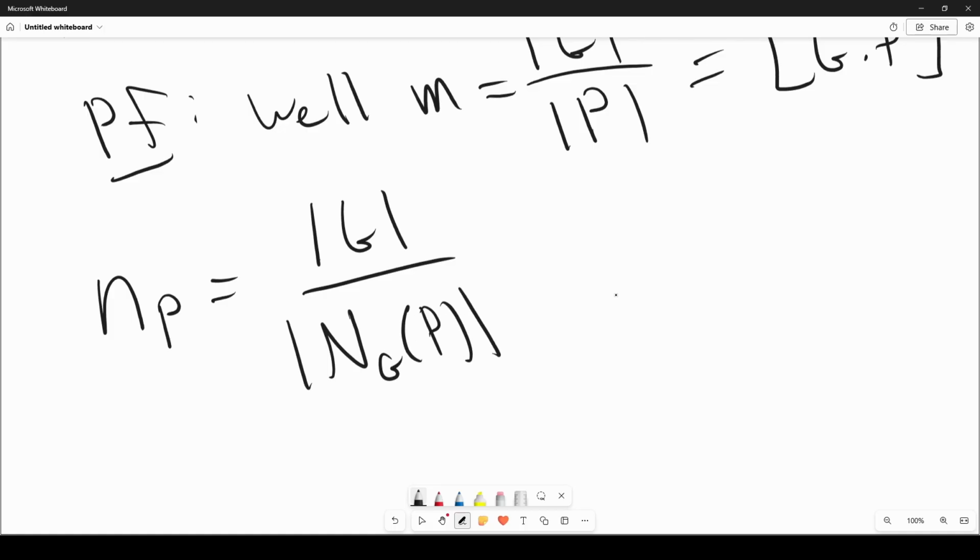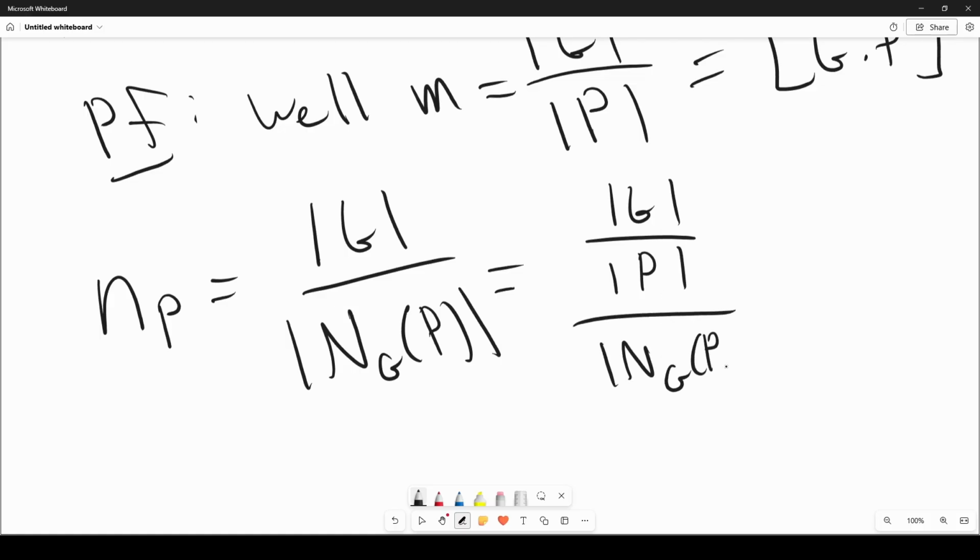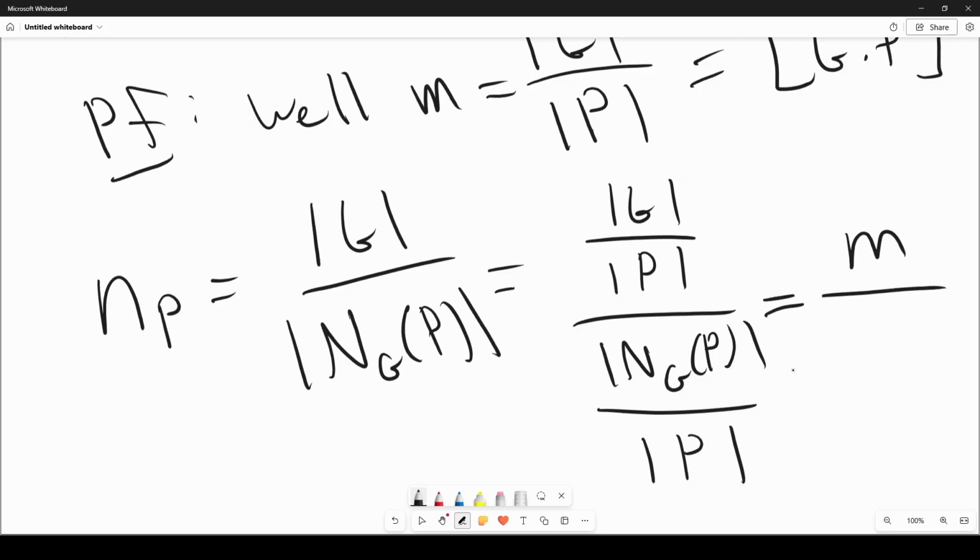And now I can multiply by 1 over p on the top and bottom here, just to rewrite this fraction. So nothing's changed. But now this top part here is m, and this bottom part here is the index of P within the normalizer of P.